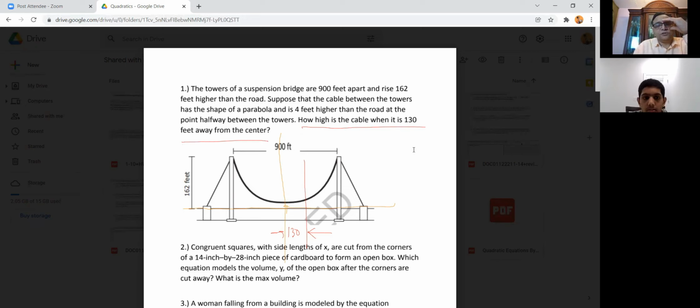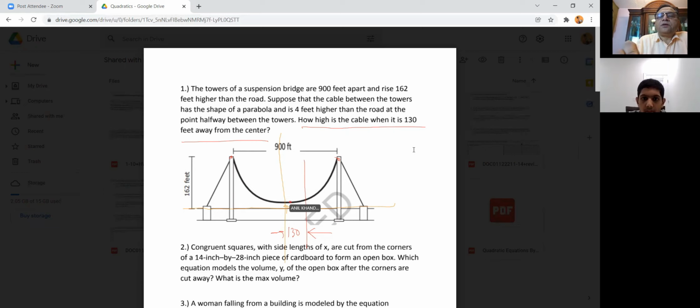In such questions, what we could do is find the equation of this parabola, and then thereafter we can answer the question. Now, you know these 2 points, and you know the center point also.